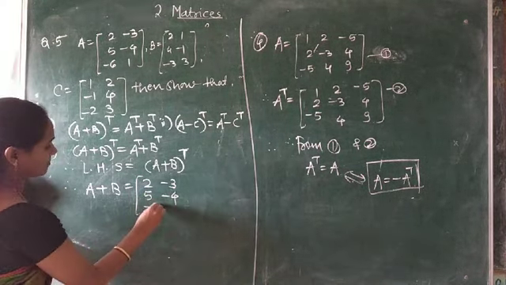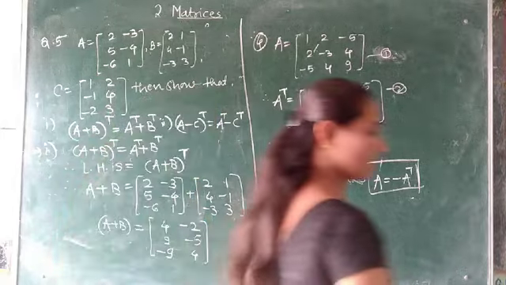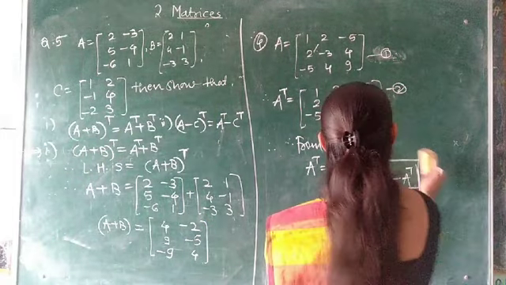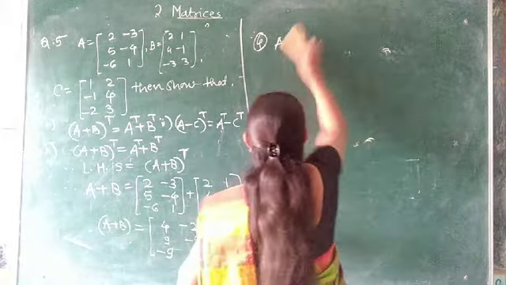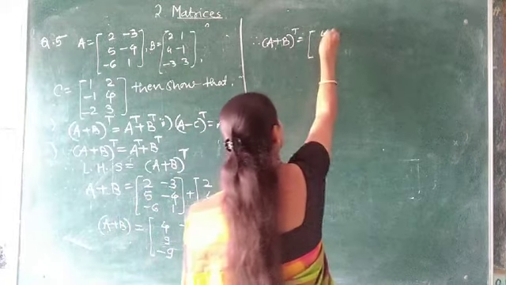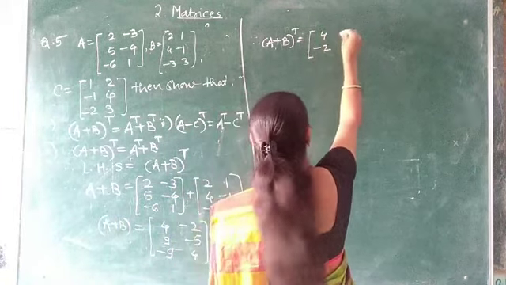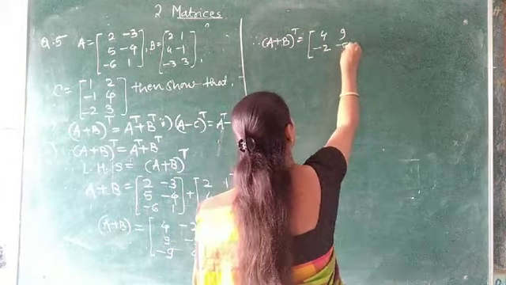This is A plus B. But we have (A plus B) transpose, so take the transpose of A plus B. Therefore, (A plus B) transpose is equal to [4, -5; -2, -9; 9, 4]. Call it equation number 1. Here we solved our LHS.